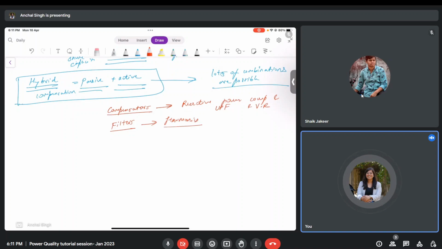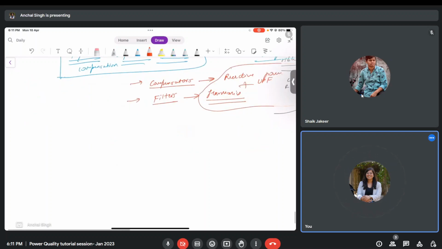So the only reason we studied compensators and filters differently is to simplify our understanding. But in practical conditions, you can have a compensator which can perform all these functions together. In a practical situation, you need not segregate them, but only for the sake of your understanding, we have segregated and studied them.